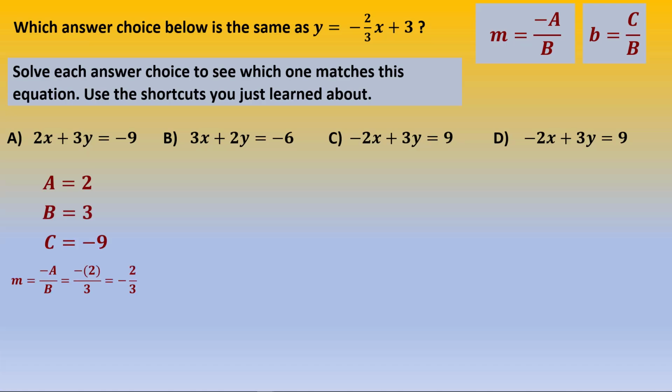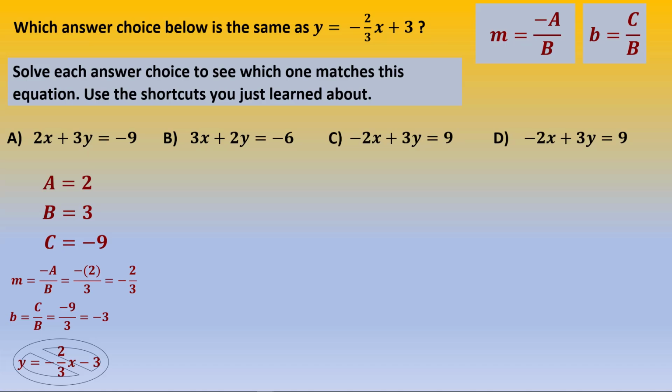We use our first formula, and we get -a over b is -2 over 3, which gives us the slope, -2 over 3. b is -9 over 3, which simplifies to -3. So our slope-intercept equation is y equals -2 over 3x minus 3. This does not match our original equation.